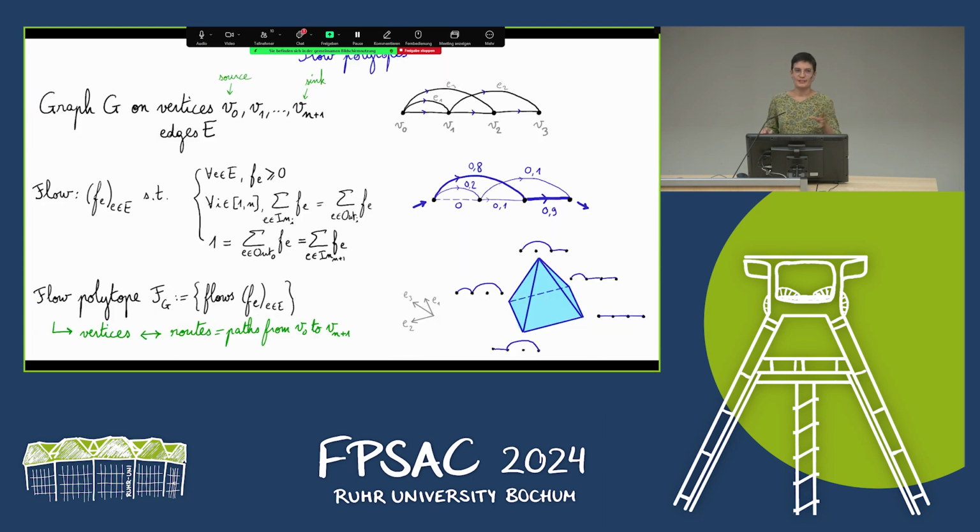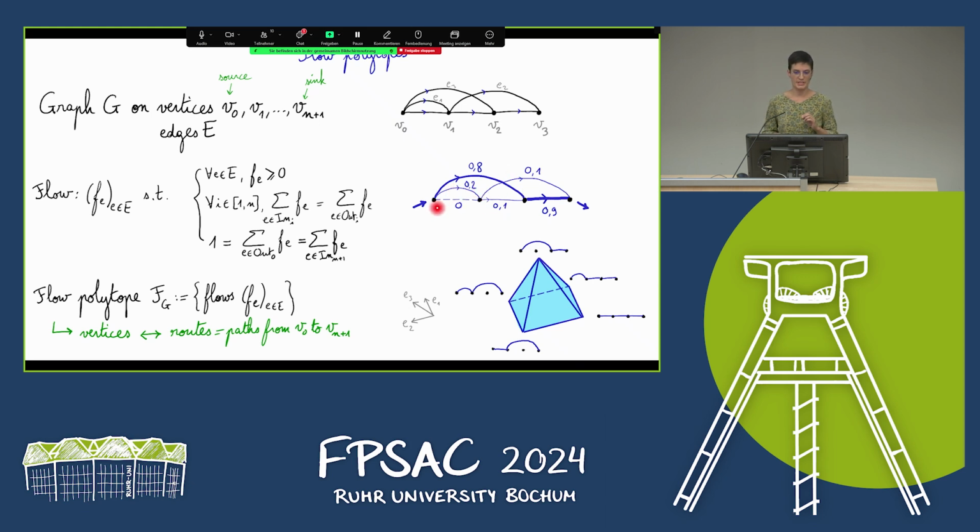So the general context about flow polytopes is that we have a graph G on labeled vertices, for example, from V0 to V_{n+1}. And we consider the edges to be oriented always from the smaller to the greater vertex. When we have such a graph, we say that a flow is an assignment of non-negative weights on the edges, such that there is a conservation law, which is for each inner vertex of the graph, the sum of what goes in has to be equal to what goes out.